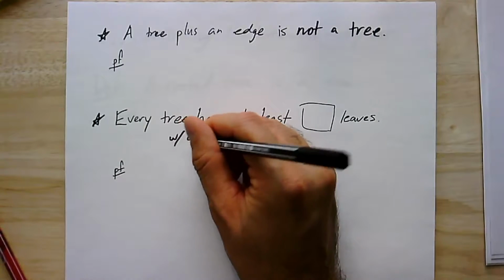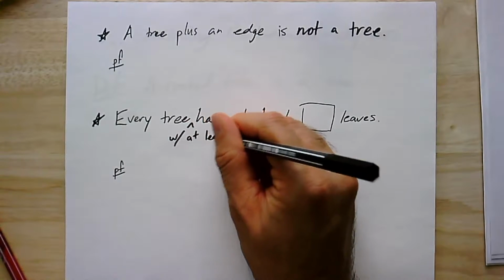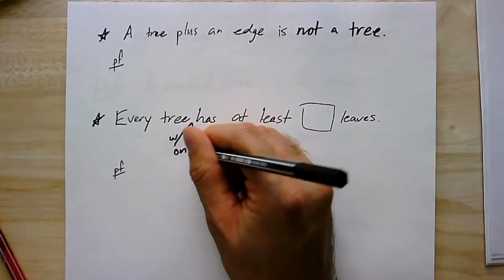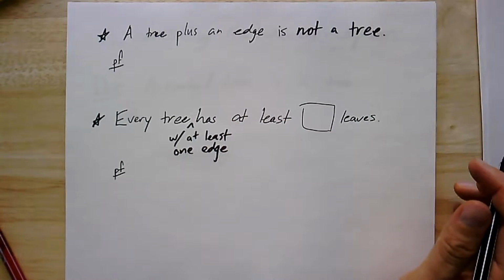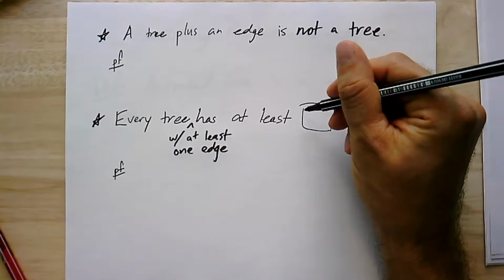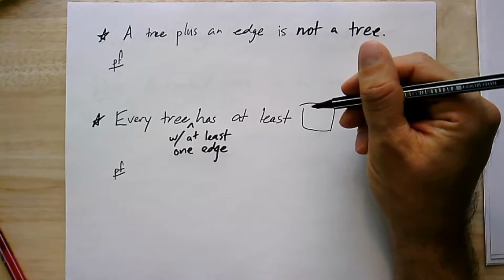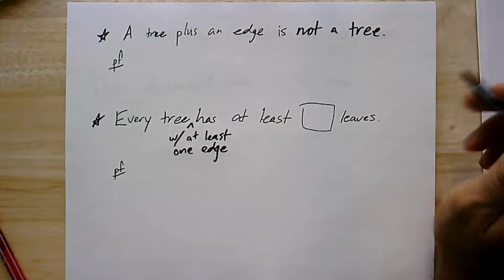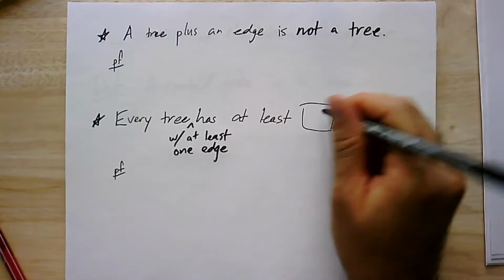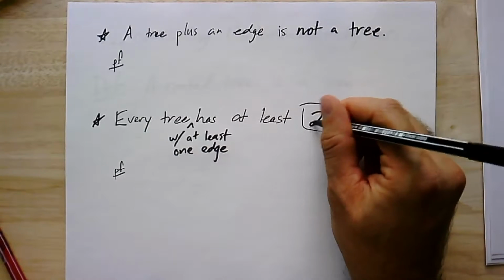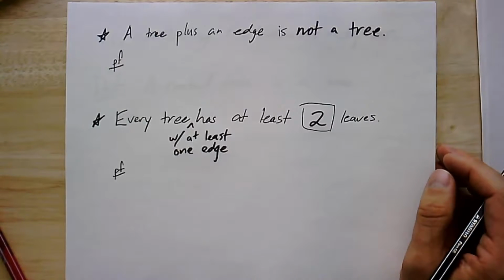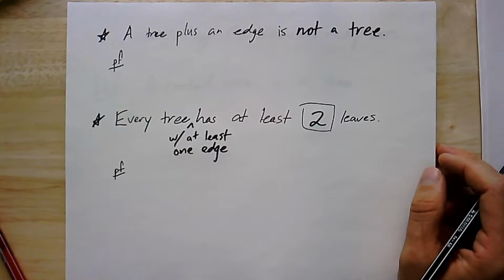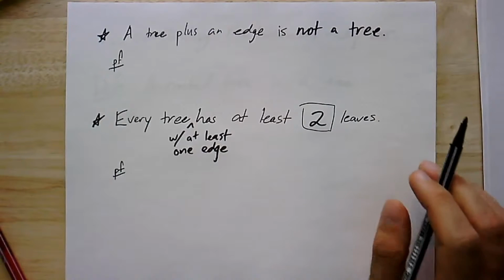It has to have at least one edge. If you just have a single vertex, it definitely doesn't have a cycle. It is connected. I guess we can call that a kind of trivial tree. But if it has at least one edge, then it has at least two leaves. All right, so here are two statements. I claim they're both true. You can pause it if you like and think through how you might prove these. And then I'm going to go ahead and give some answers.